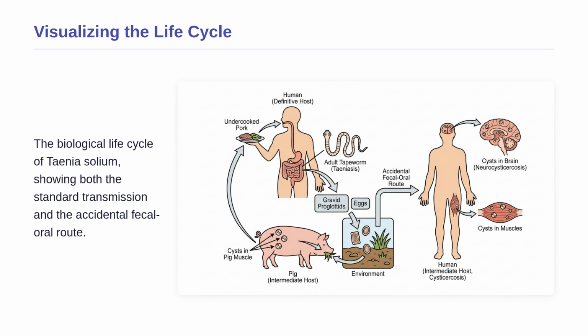Below, a pig ingests these eggs from contaminated vegetation, becoming the intermediate host. But look at the right side of the diagram. This shows the accidental fecal-oral route where a human ingests the eggs directly. The arrows clearly show the larvae migrating to the brain and muscles, resulting in the dangerous condition of cysticercosis.